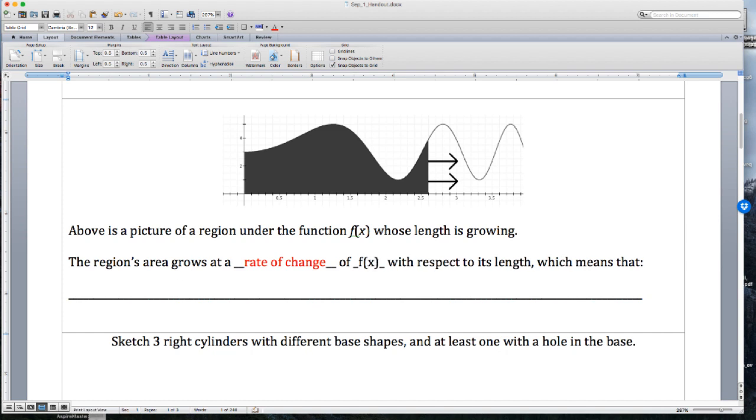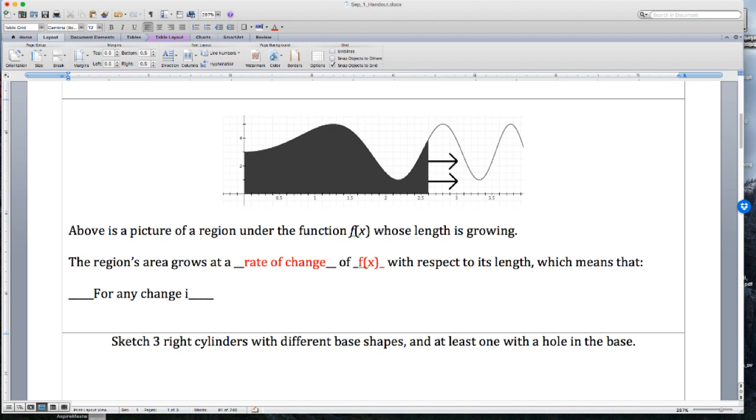All right, now, can I have a volunteer to explain exactly what it means to have a rate of change of f of x and how that changes from the more simple idea of constant rate of change? Who's going to be brave? Yes. For any change in x, the change in area is represented by f of x dx. All right.